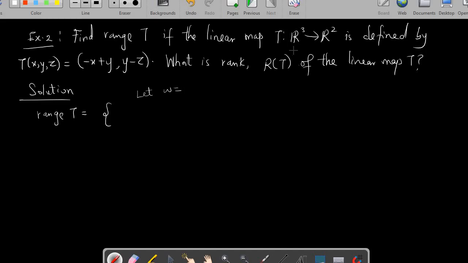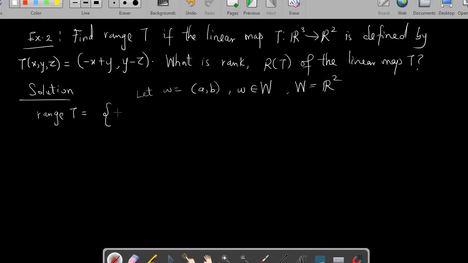We are going from R3 to R2, and I said that your range is a subspace of your codomain, meaning that in this case you won't have a comma b comma c, but just a comma b. Why is that? Because your w must be an element of your capital W, where your capital W in this question is R2. That's why we have w to be a comma b. You look at your codomain when you are looking for your range, not your domain.